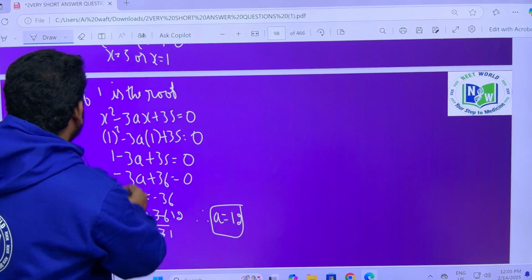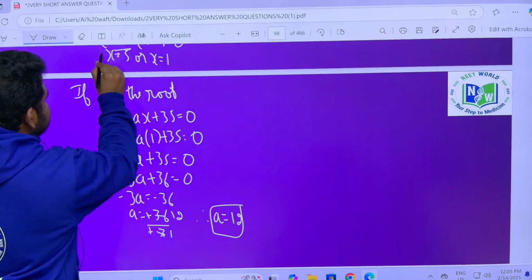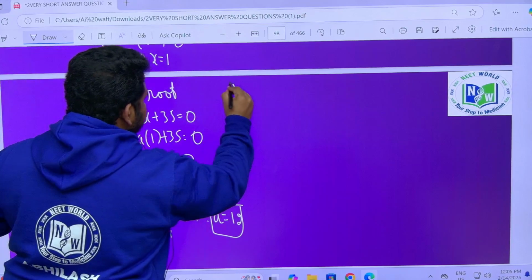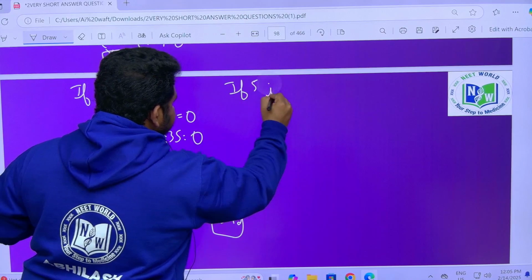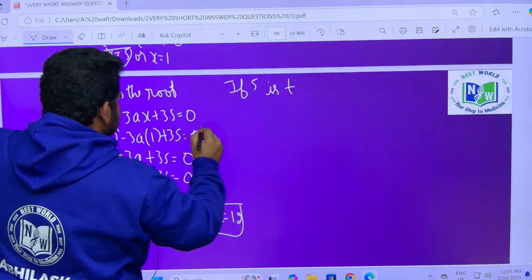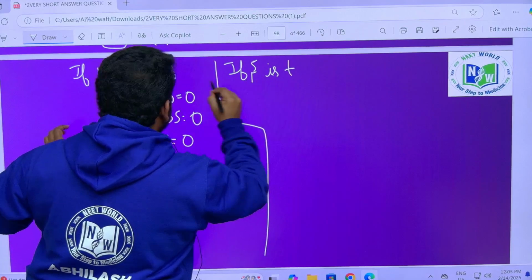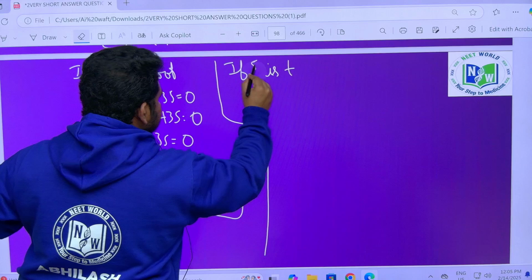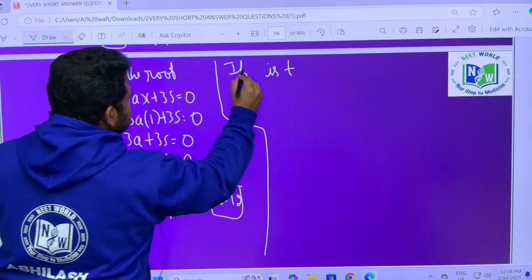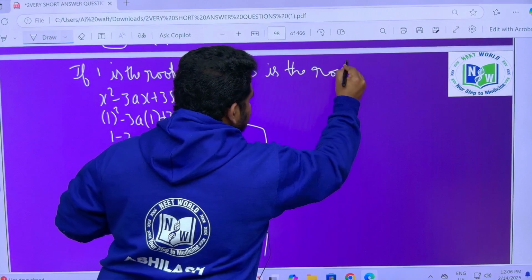Okay, if 1 is the root. Suppose what is the other root we got? If x is equal to 5 is the root, what will happen to this equation?